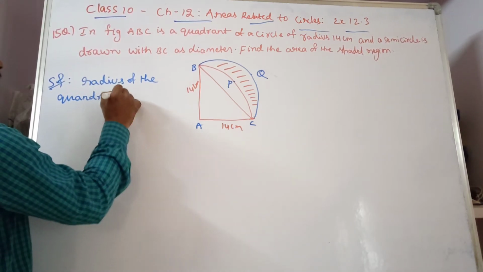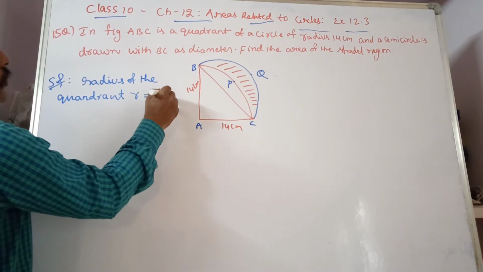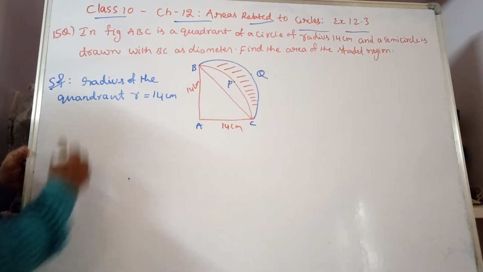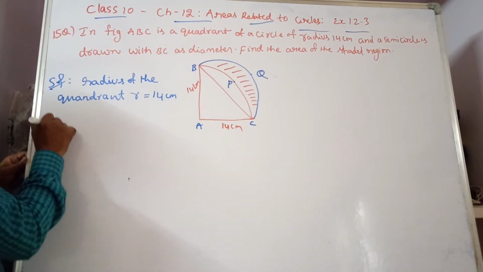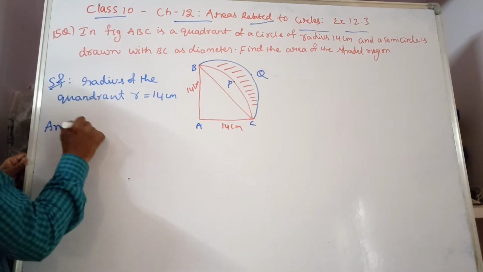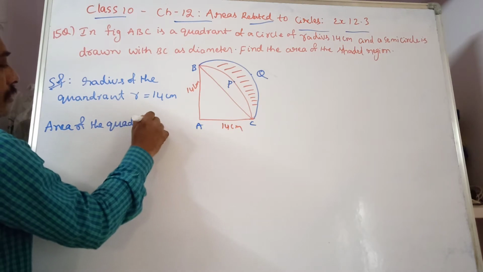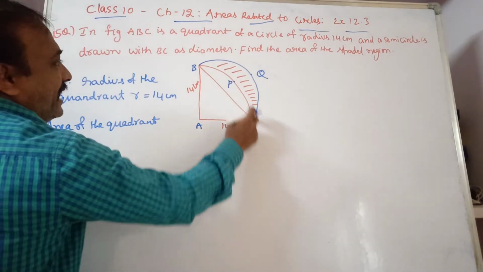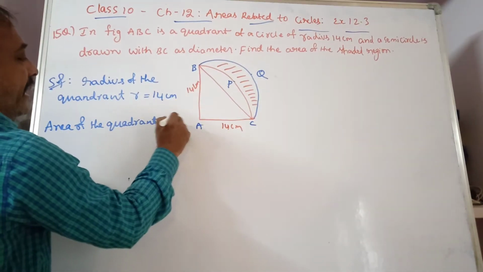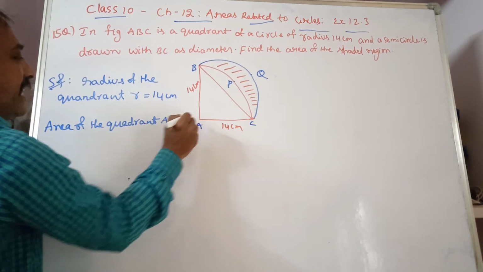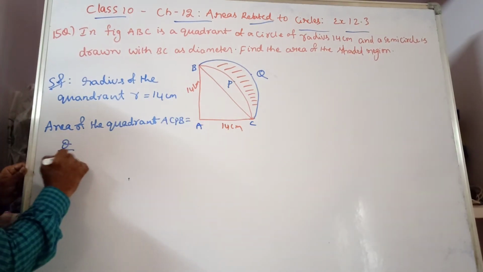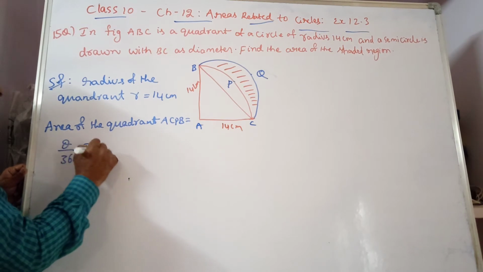Radius of the quadrant R is equal to 14 centimeters. Now, area of the quadrant. What is the quadrant? ACPB. ACPB is equal to theta by 360 into pi r square.